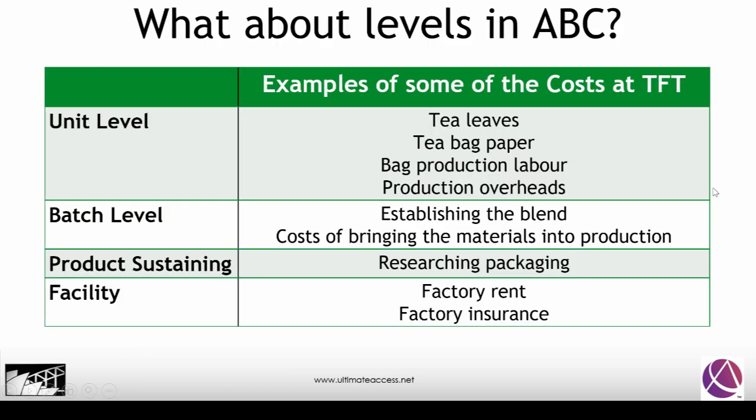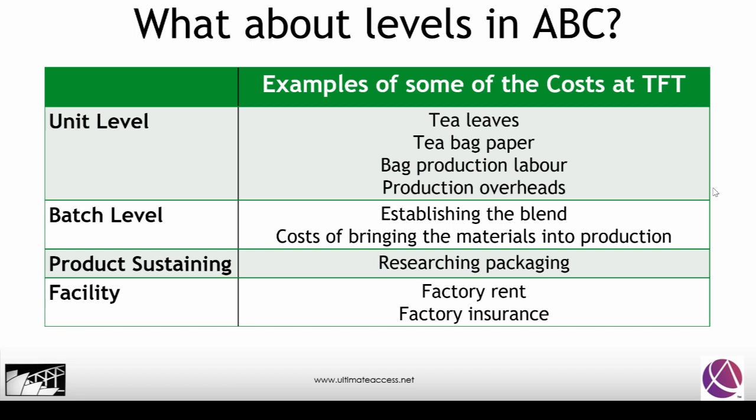So I looked at this and I've come up with some ideas to try and help you to understand the levels. So in the event, I'm sure we would be recommending against using ABC, but in the event that they were to use ABC, then these would be the levels and these would be some of the examples of costs that they would incur at each level.